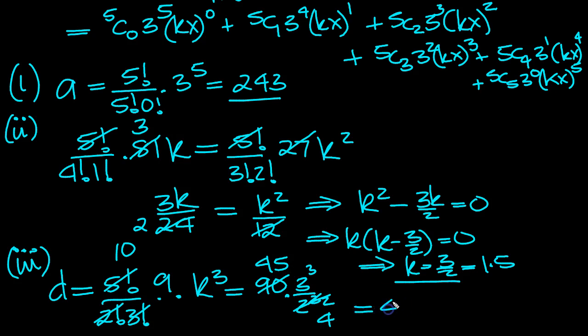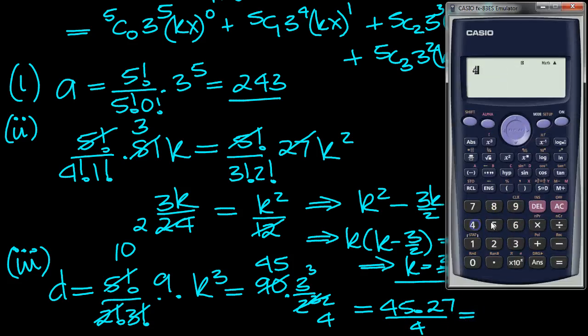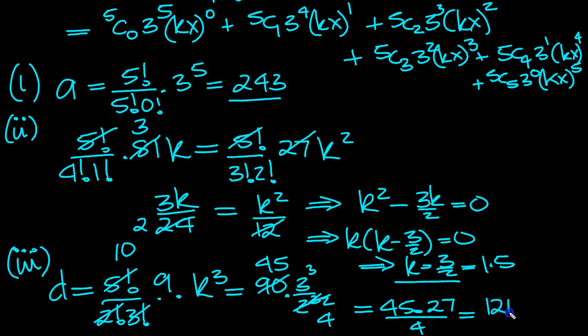So it's 45 times 27 over 4. So let's type that in the calculator then. 45 times 27 divided by 4 equals 1215 over 4. So d is equal to 1215 over 4.